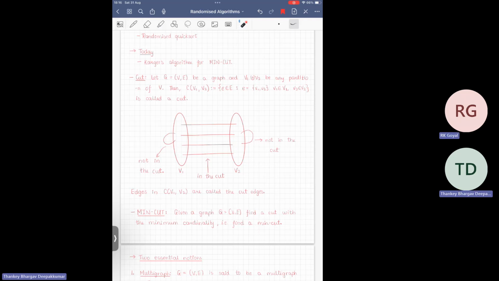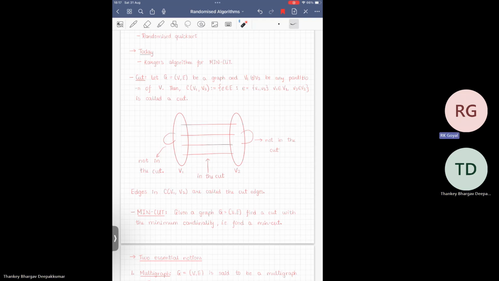Does this mean that out of the many edges crossing the cut, we have to find that cut wherein the number of edges crossing the cut is minimum? Yes. And before that, this set is called a cut, and the edges are called cut edges because if I cut these edges, the graph would become disconnected.